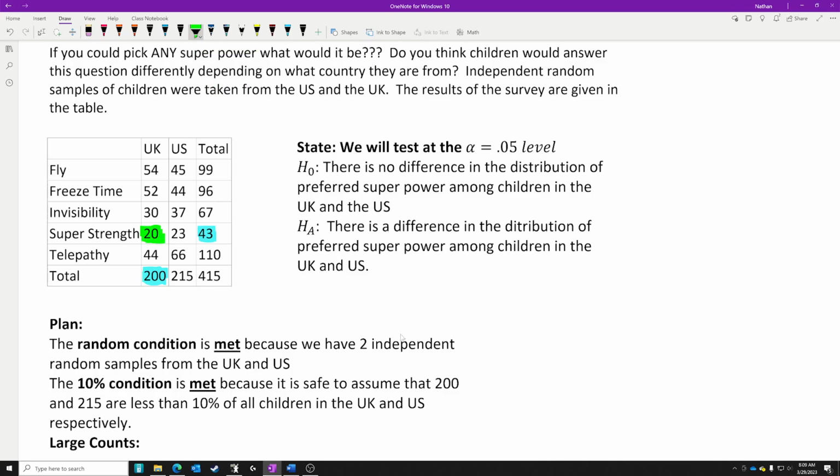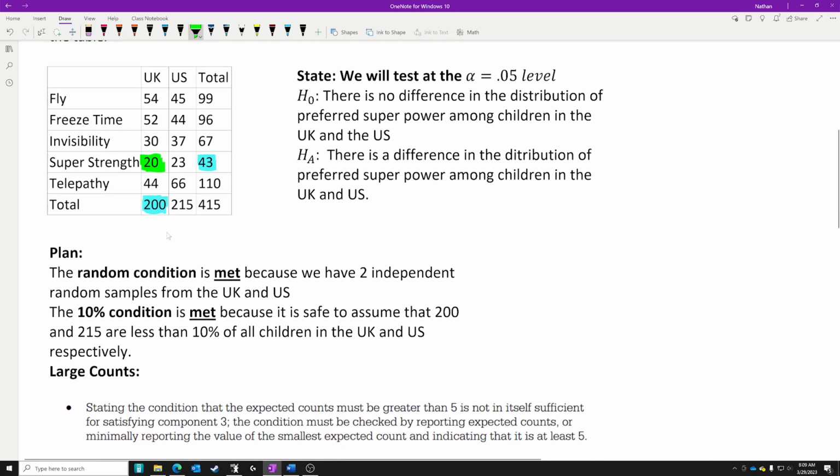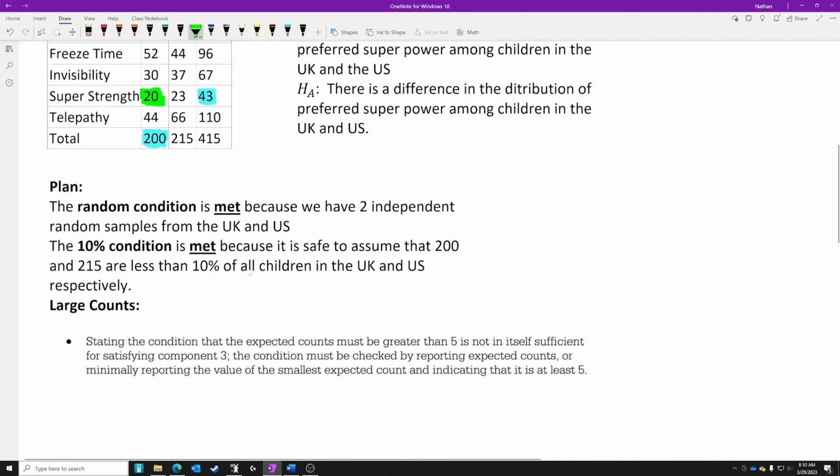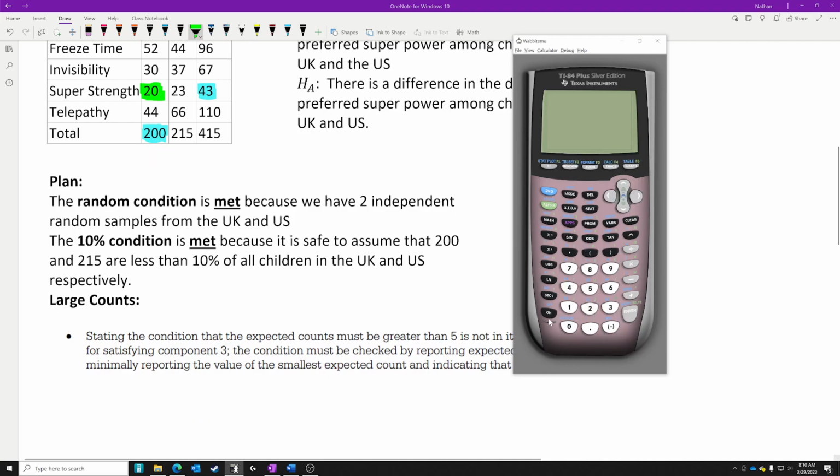Now, it is a bit of a coincidence that that is also the smallest observed count, but it doesn't necessarily have to be the smallest observed count, I don't think. But to figure that out, it's now 200 times 43 divided by 415. So our smallest expected count is 20.7.